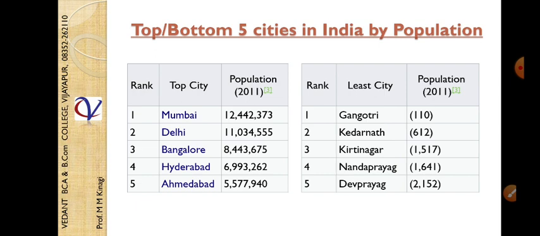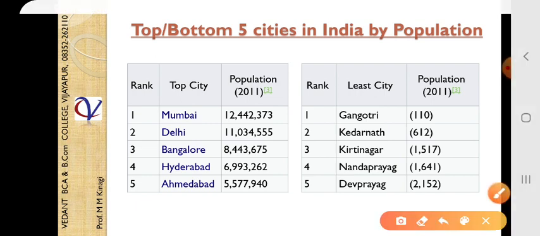Here you see 110, 612, 1500, 1600, very little population in these cities. So this is the top and this is the least population.